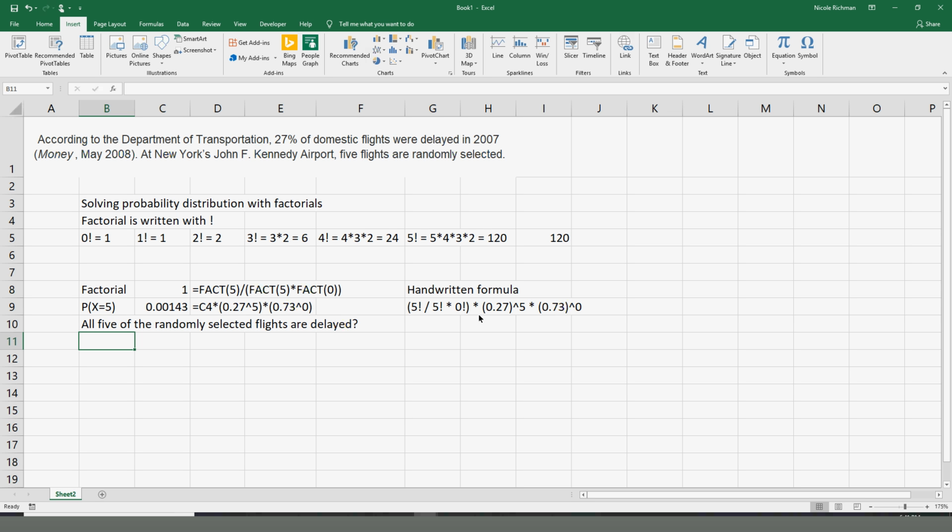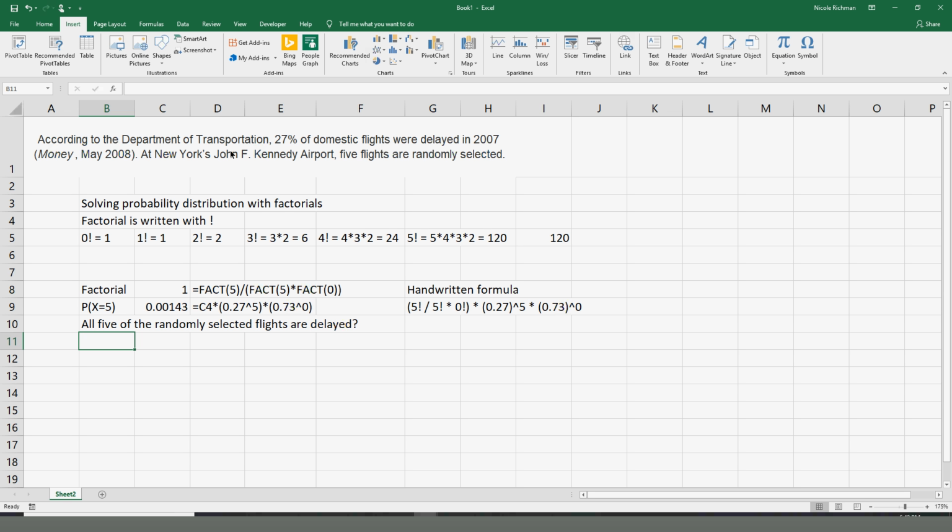Now the handwritten formula for calculating the probability is going to be the factorial of 5 divided by the factorial of 5 times the factorial of 0, because we have 5 flights and we want to know it's either 5 or 0. All 5 flights are delayed or 0 flights are delayed.